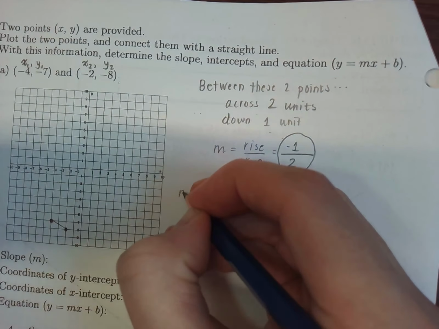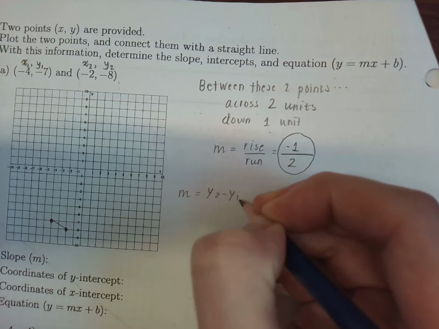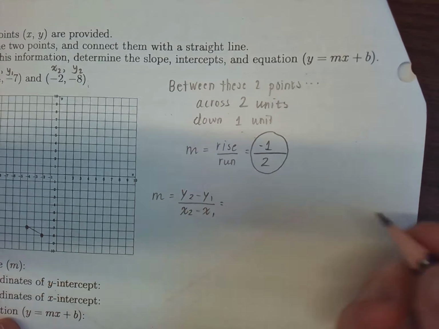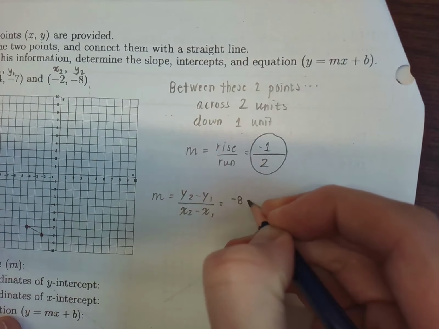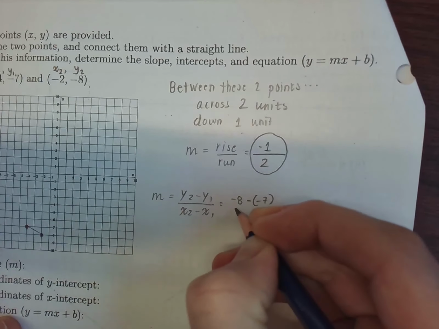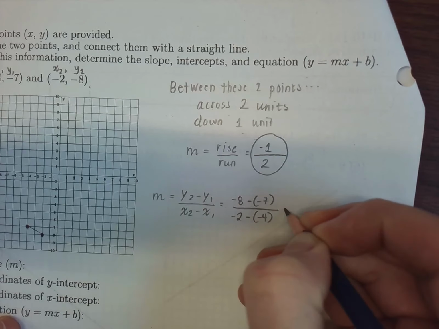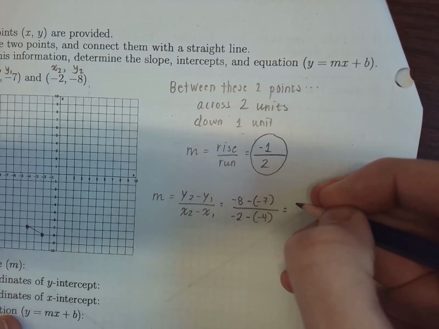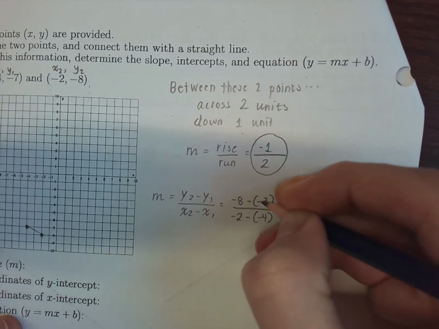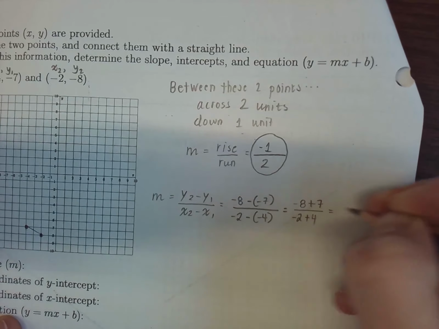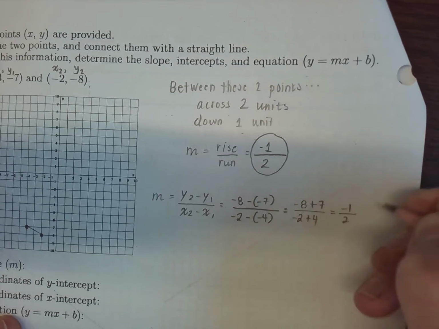And I could have used my slope formula, y2 minus y1 over x2 minus x1, which is actually on the front page. And I would have gotten the same thing because I would see -8 minus -7 over -2 minus -4 equals -8 plus 7, minus minus becomes plus, minus minus becomes plus, and we get -1 over 2.